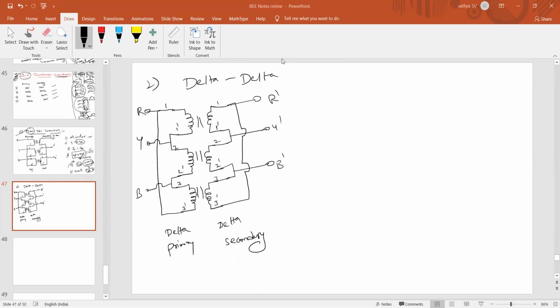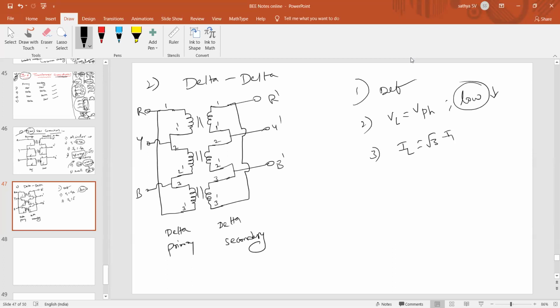Yes, sir. Now tell me the points immediately. Your definition: back to back end connection. And what is the second one? The voltage relation: VL is equal to V phase. That means voltage levels are low, right? Once voltage levels are low, the current relation is IL equal to √3 I phase.